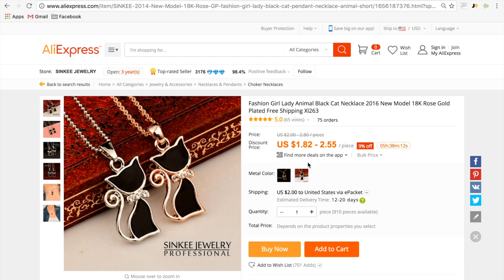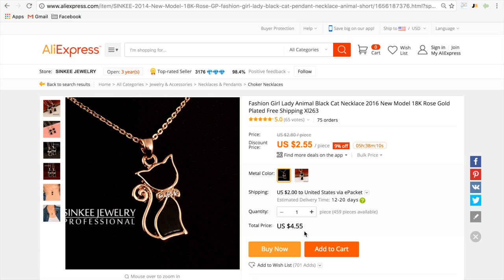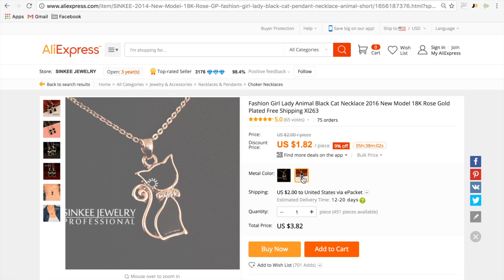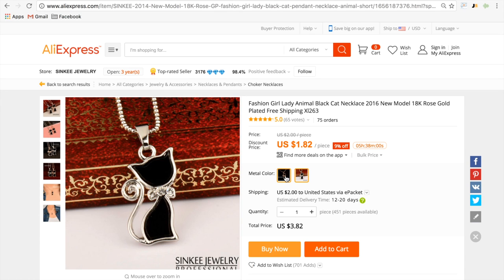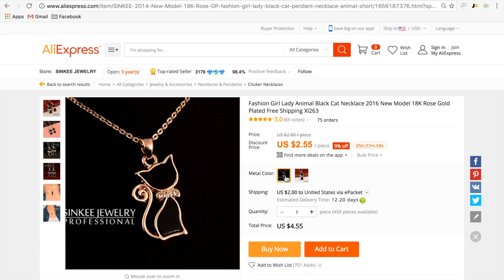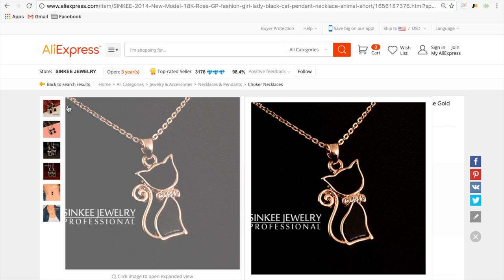It's gonna be an extra $2. That's gonna be $4.55. So in that case, I would have to charge around $12.95, $14.95 for this necklace. And if people are really passionate about this niche, trust me, they're gonna pay. It's a myth that people don't pay just because you're doing retail, but this is something I would definitely promote, right? So let's go back and see what other products they have.